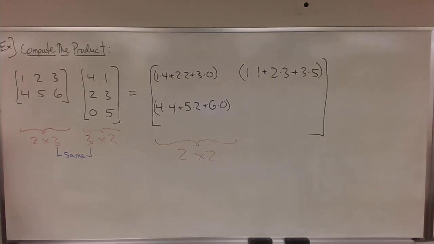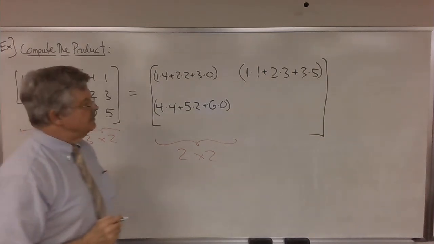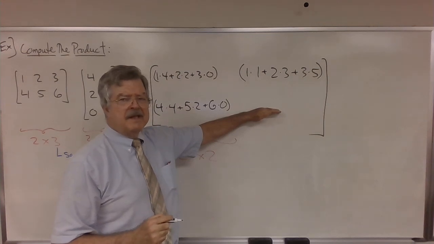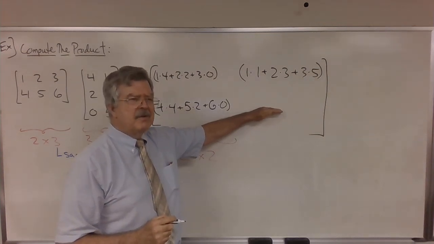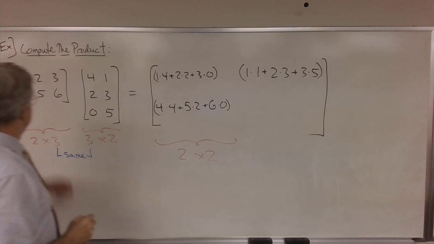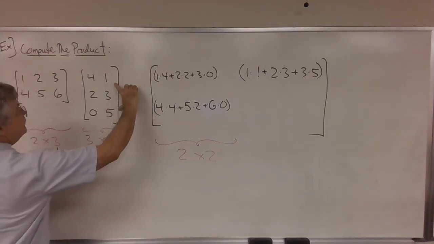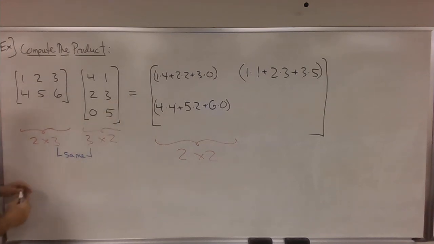Now let's go down here. We want the second row and the second column. To get the entry in the second row and the second column, we take the second row of the first times the second column of the second.